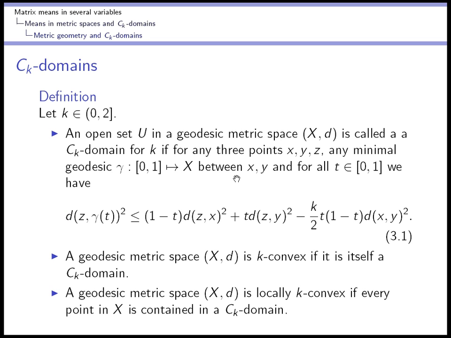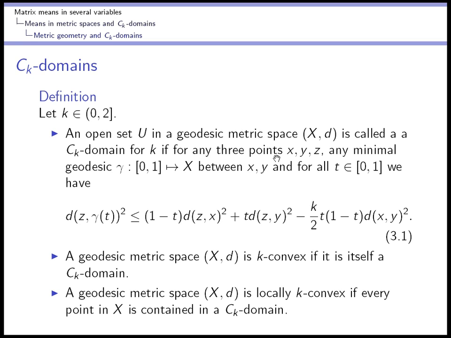Now, CK domains. CK domains are a subset of these kinds of metric spaces. Let us suppose that we have a k between 0 and 2. And we say that an open set U in a geodesic metric space, (X, d), is called a CK domain for this k, or for some k.